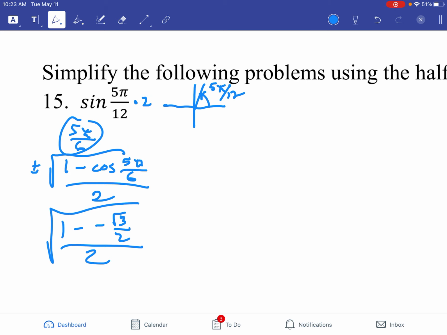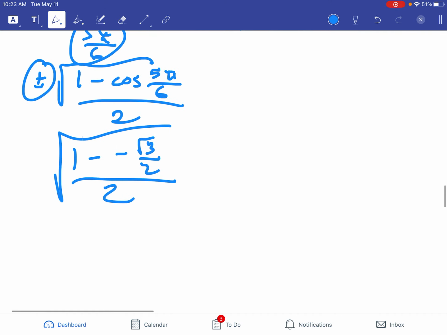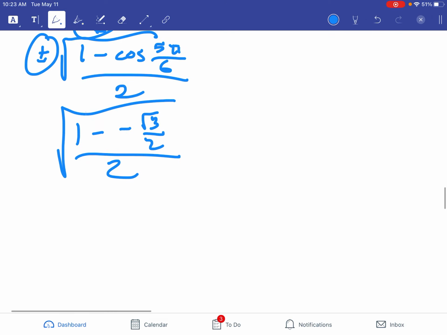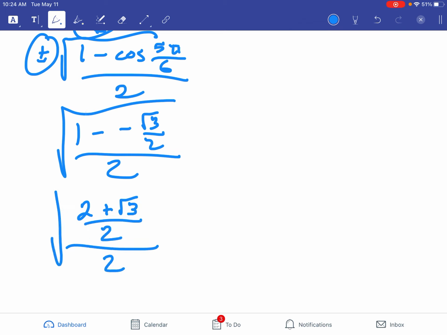I'll get the plus or minus at the end when we are done with the whole problem, so don't forget about it. We have to combine the two fractions on top with the 1 minus negative root 3 over 2. This will become 2 plus root 3 divided by 2, all over the other 2.